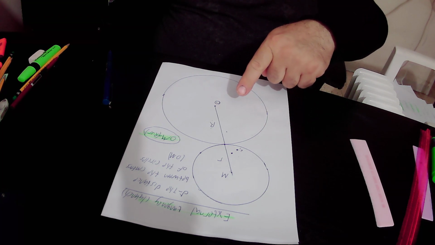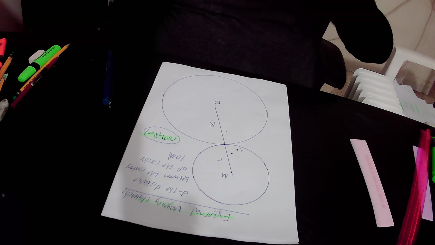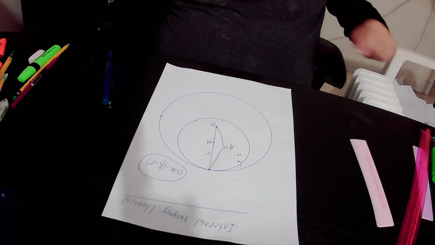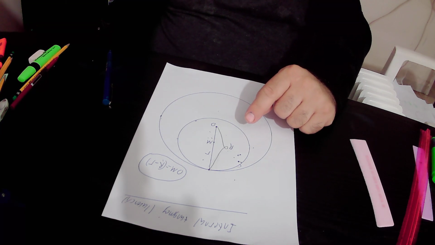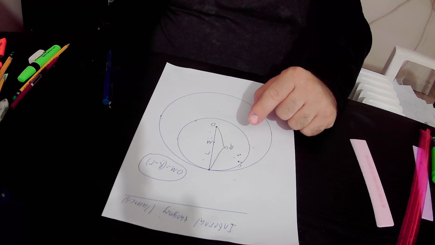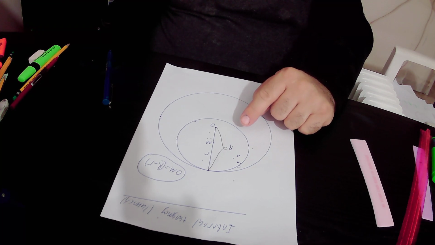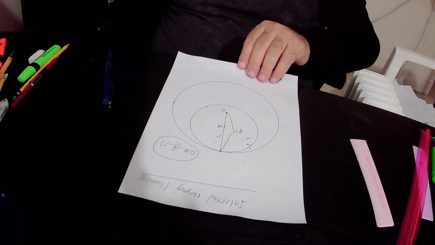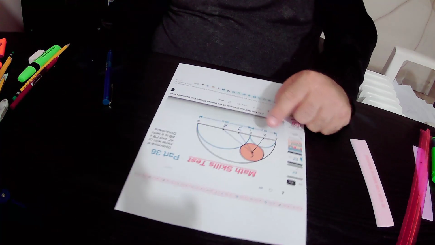In this case, it will be equal to capital R plus small r, while if there is an internal touch between two circles, like in this drawing, then the distance between the centers of the two circles will be equal to the difference between the lengths of their radii. In this case, it will be equal to capital R minus small r. So we use those two new rules in order to find out the length of the line segments that we created here.